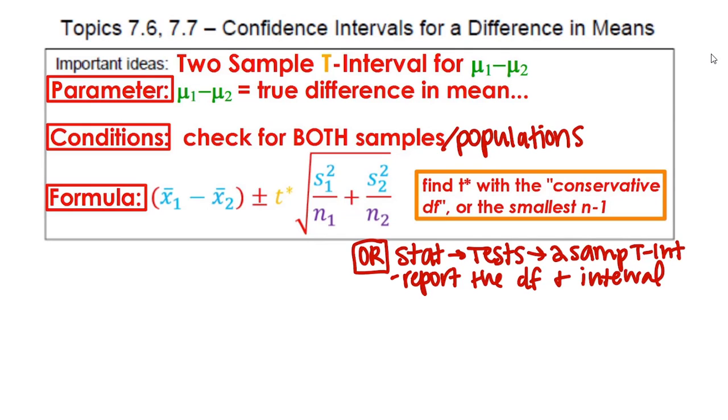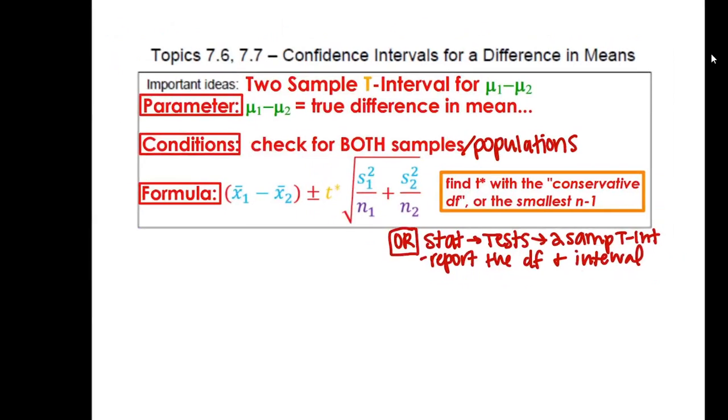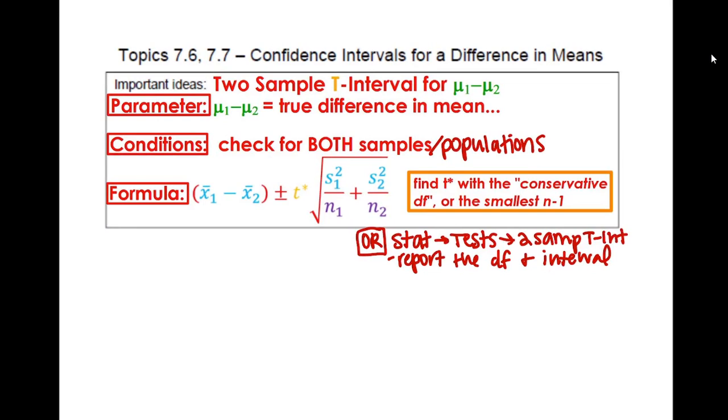And make sure you either find the new T star with the new DF or leave it as a variable. I'm typically going to stick to the conservative for now when I show my work, but you might see in your homework some answers that are a little different based on that. All right, so pause here if you haven't already to copy all of this down, and then try to check your understanding.